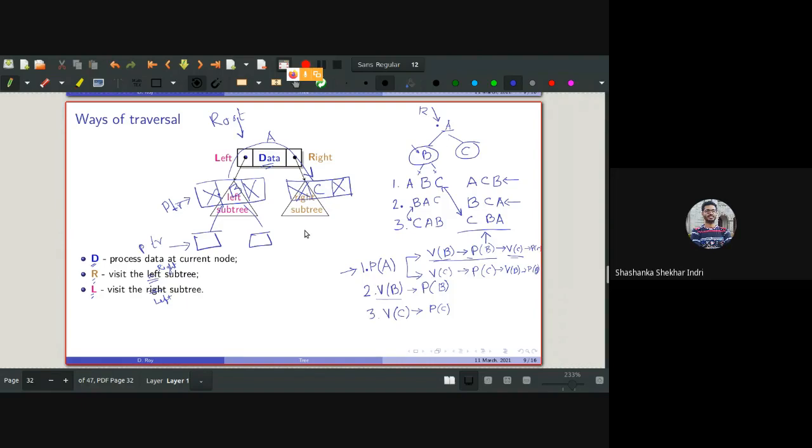Sir, what I will do is, PTR left. I will check before going whether the next pointer is null or not. If it is not null, then I will visit it. Consider this tree.